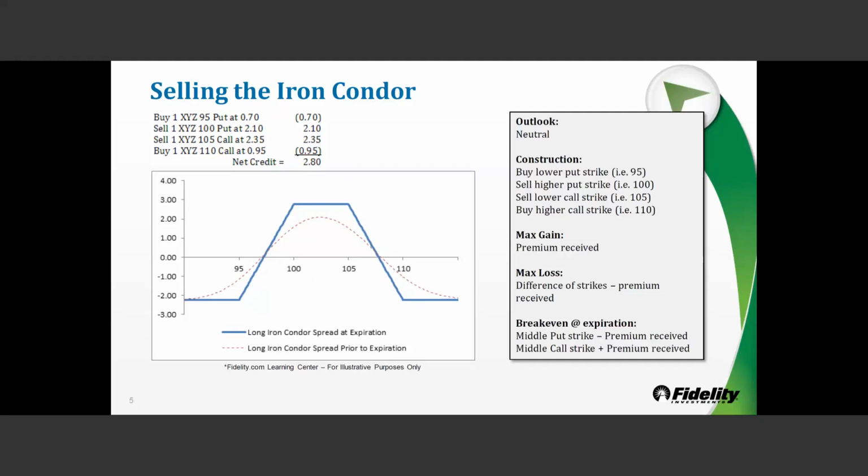And I want to make one other point here, that when you collect this $2.80 net credit, that's not free for you. So you don't have to have a stock position to get the $2.80. However, they would require you to have $5 per share on the margin side.